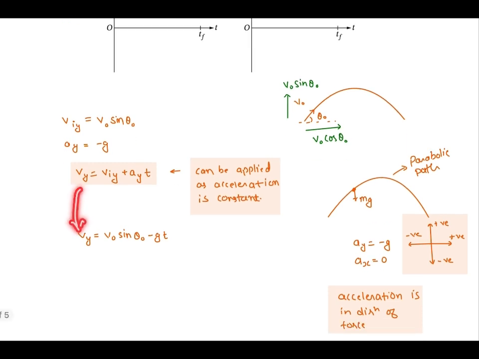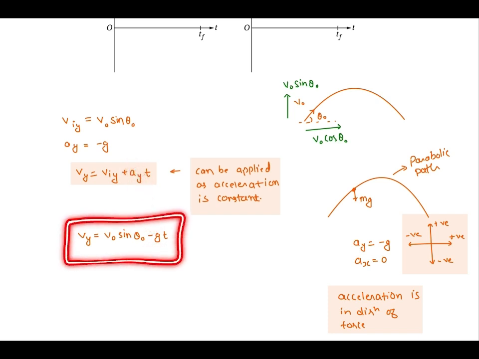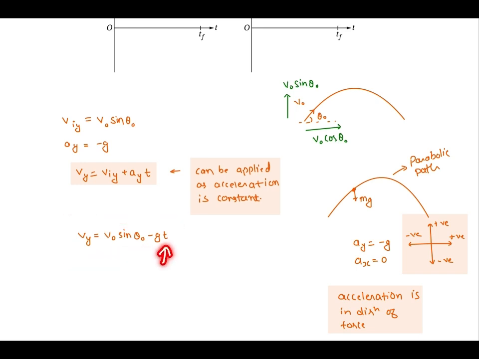Final velocity in y direction Vy equals initial velocity in y direction, v naught sin theta naught, minus acceleration in y direction with proper sign, that is minus g t. So this is the velocity in y direction, which should be decreasing with time.